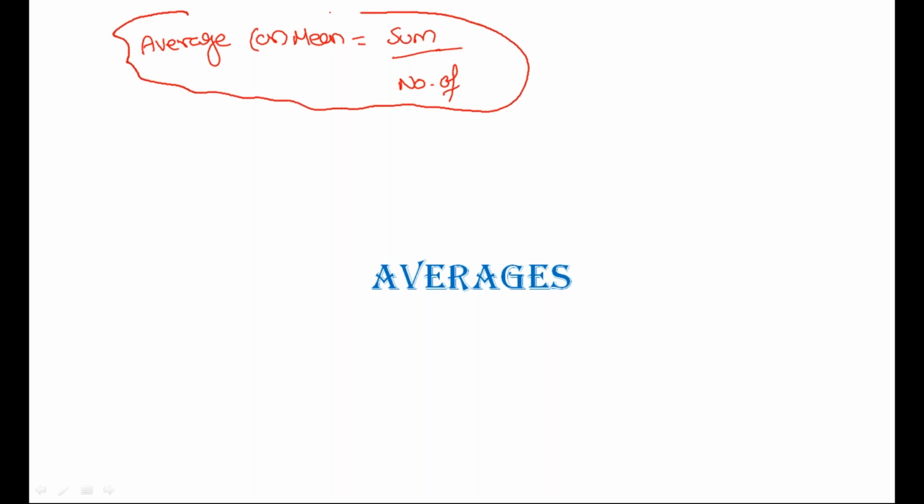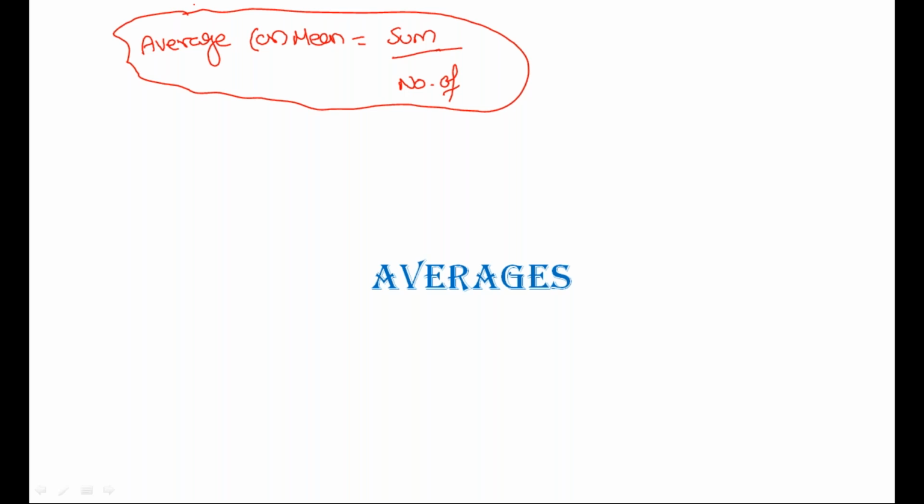Average or mean is nothing but the sum of the numbers divided by how many numbers there are. We discuss this in probability, in +2 and in your first year as well. Average or mean is sum by number of.